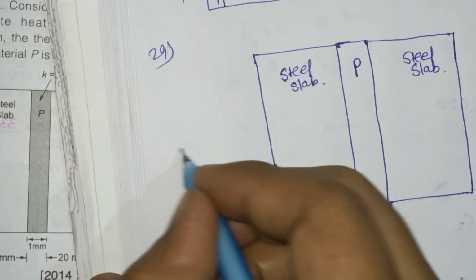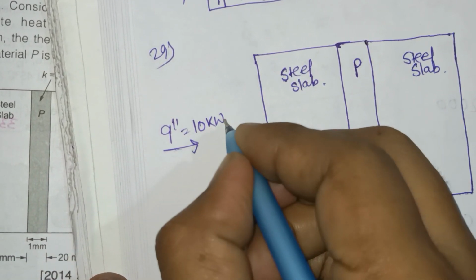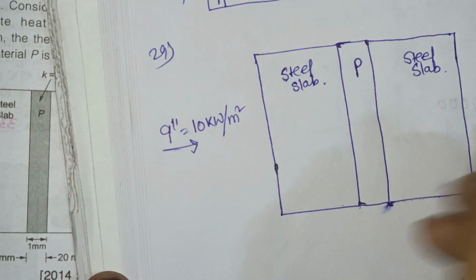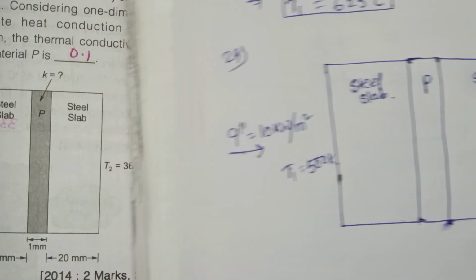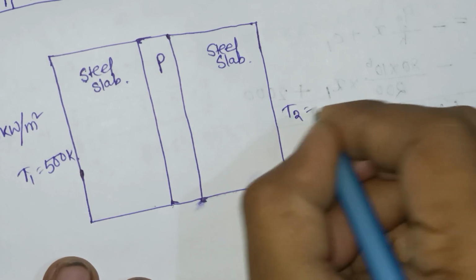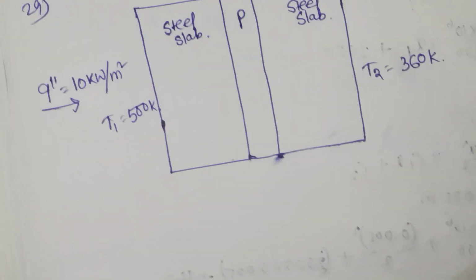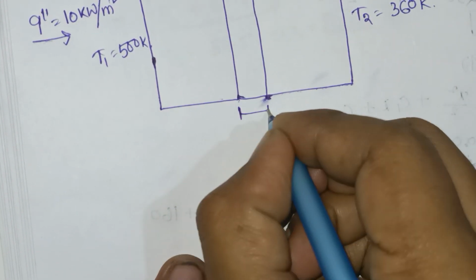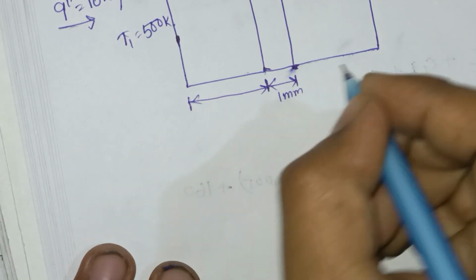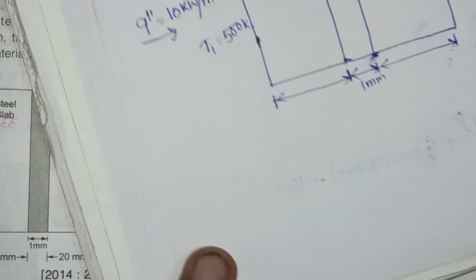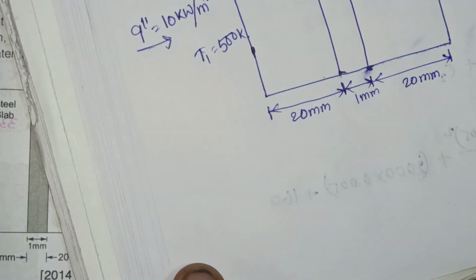Q heat flux, Q double dash, is 10 kilowatt per meter square. There is a T1 temperature, that is 500 Kelvin, and T2, that is 360 Kelvin. This is 1 millimeter, and these are 20 millimeter each.